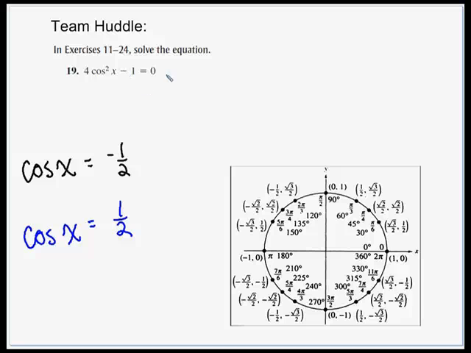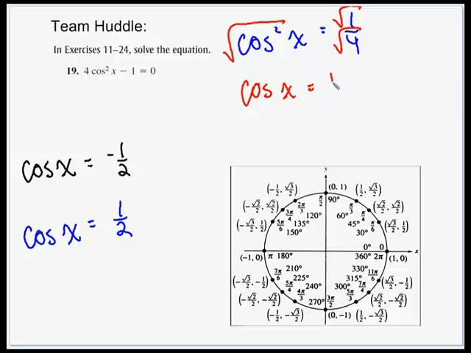We could have added 1 to both sides and divided by 4 and got cos squared of x equals a fourth. And then when we square rooted each side, we would get the cos of x equals positive or negative. The square root of 1 is 1, the square root of 4 is 2, plus or minus 1/2. Here we just see it separate into 2 different roots.